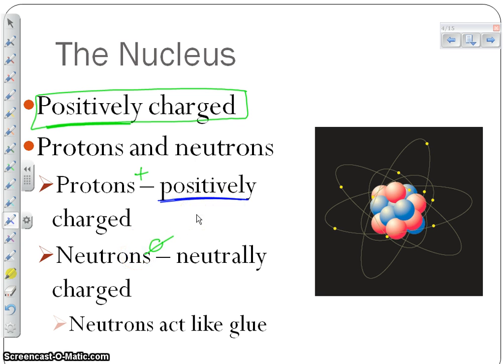Another thing we're going to point out is, I'm sure you've seen plenty of textbook pictures that look a whole heck of a lot like this. This is a very misleading picture of the nucleus, just because of the sheer size. If we were actually looking at a real atom, you wouldn't be able to see the nucleus because it would be so incredibly small.